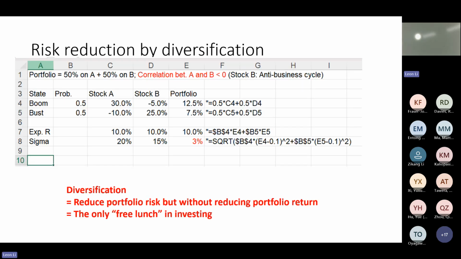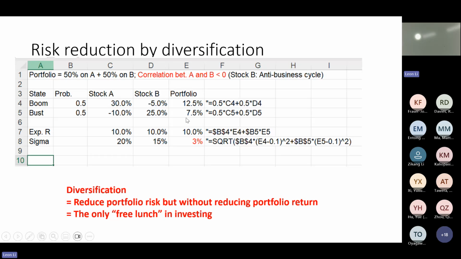This is our example. You can see we have a portfolio, 50% on A, 50% on B. We have the return for each state, boom state and bust state, for stock A and stock B. Then we calculate the return of the portfolio for each state using the weighted average, 50% on A, 50% on B. This is the result.